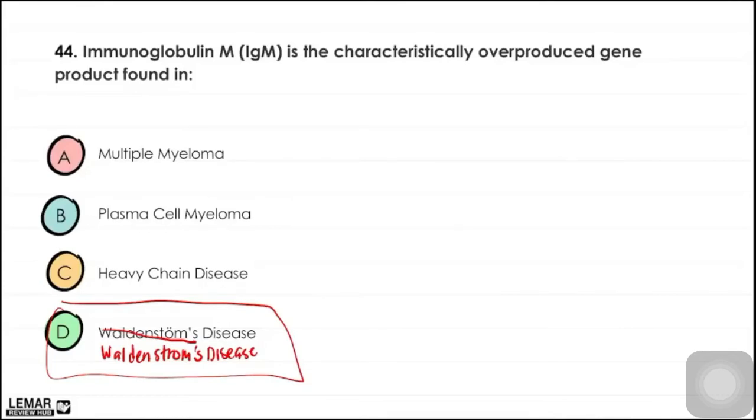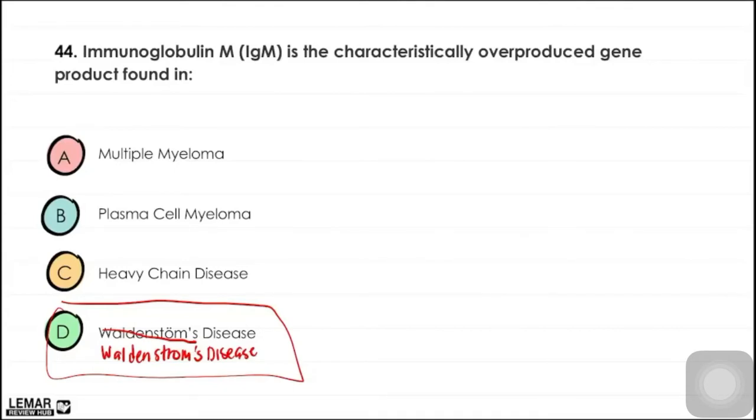This is a malignant lymphocyte plasma cell proliferative disorder producing immunoglobulin M, your IgM. IgM is the characteristically overproduced gene product in Waldenstrom macroglobulinemia.